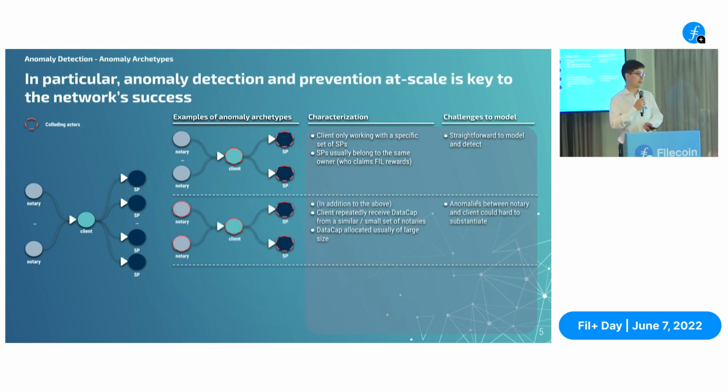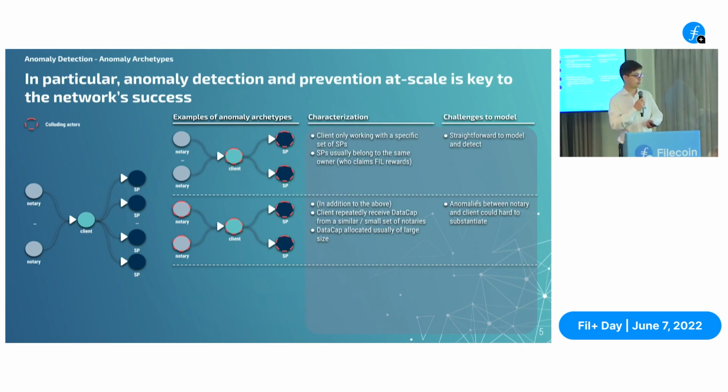Next, moving on, another top layer of complexity is when a Notary could theoretically also participate in this type of collusion behavior. This is a little bit harder to detect because you have to substantiate any sort of suspicious behavior between notaries and clients. So this is a little bit hard to substantiate, and we believe that this is sort of the next step on top of the first type of collusion.